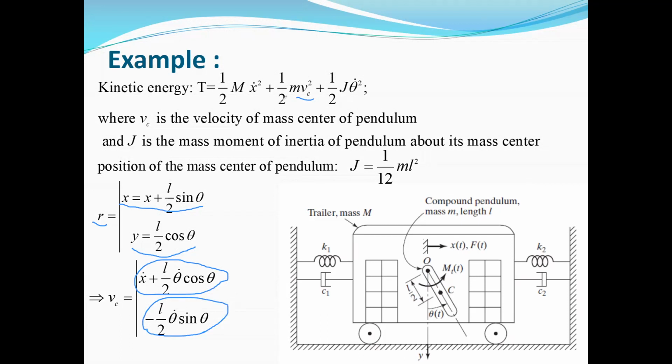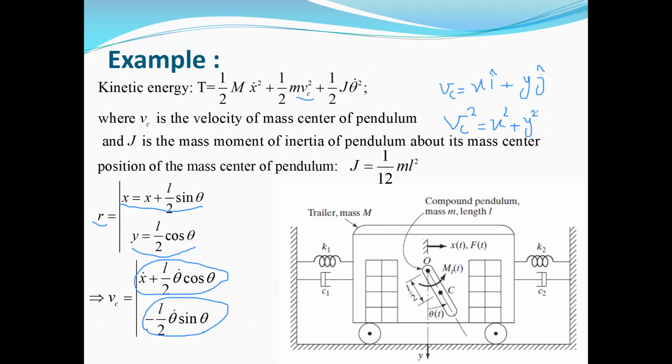Now we can substitute VC squared. You know, when you have a vector in this form, I mean, for example, VC is in the form of x i, which i is the unit vector in horizontal component, and y j, the VC squared or the amplitude squared of this vector is equal to x squared plus y squared.